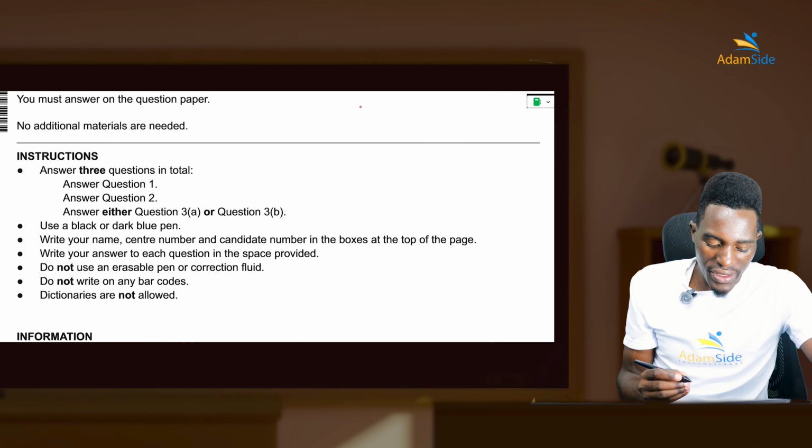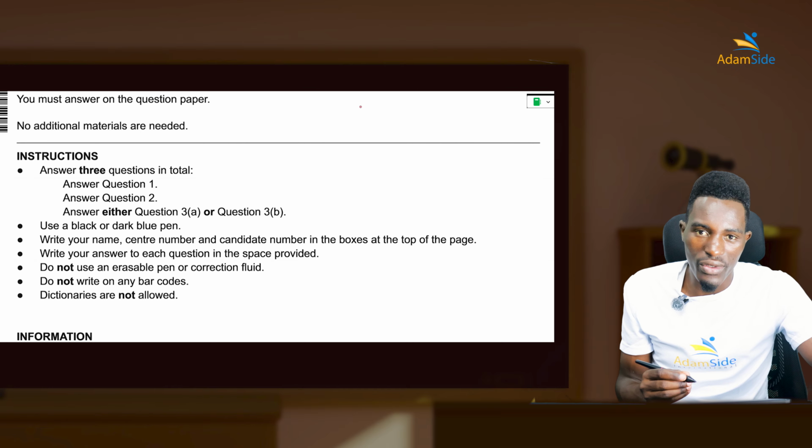The instructions say to answer 3 questions in total, as I said in the previous video. In paper 4 French you will have 3 questions.